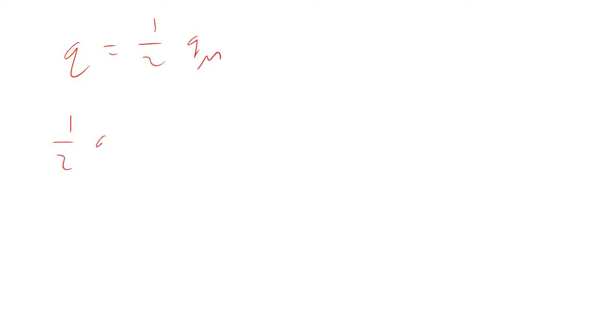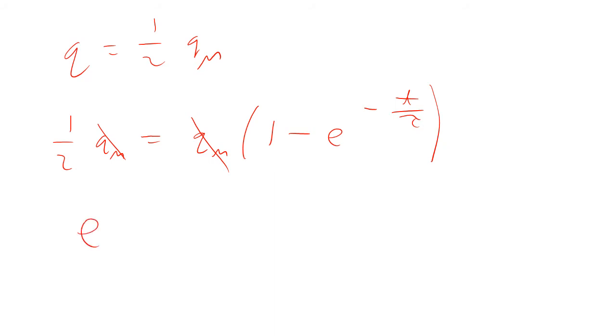So we can say 1/2 QM equals QM times 1 minus e to the minus t over tau. The QM's cancel. And so we can do a little bit of algebra and say that e to the minus t over tau equals 1/2. So minus t over tau is the natural log of 1/2, or t equals minus tau natural log of 1/2.